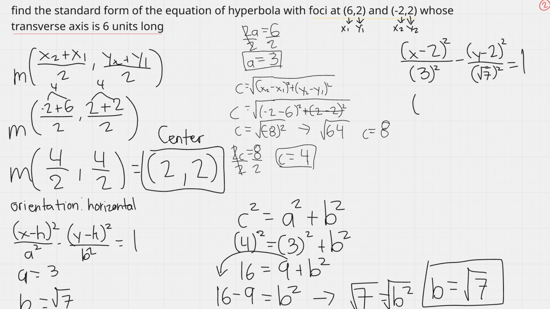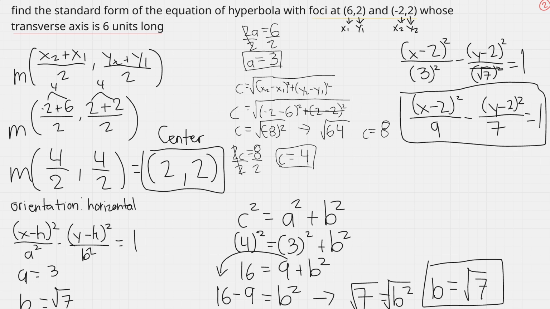Let's simplify. (x minus 2) squared over 3 times 3 will give us 9. Minus, we can cancel the square root, so it will give us (y minus 2) squared over 7. This is our standard equation.